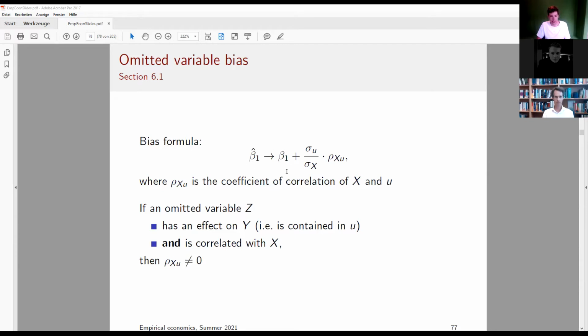The left-hand side, this one is something that we've already seen, that our estimator converges in probability to our true value, to our true coefficient, to our true relationship between, in this case, test score and student-teacher ratio. On the right-hand side, what we are adding here is the standard deviation of our error term divided by the standard deviation of our regressor. So a fraction of how much more does the error term vary compared to our regressor.